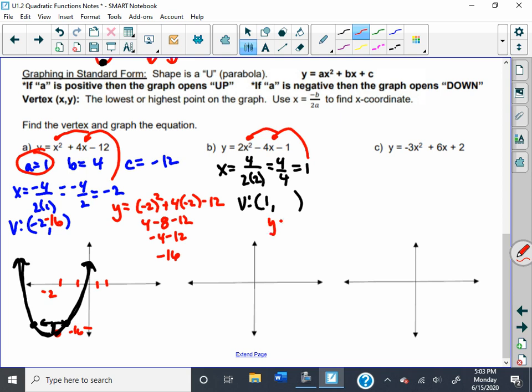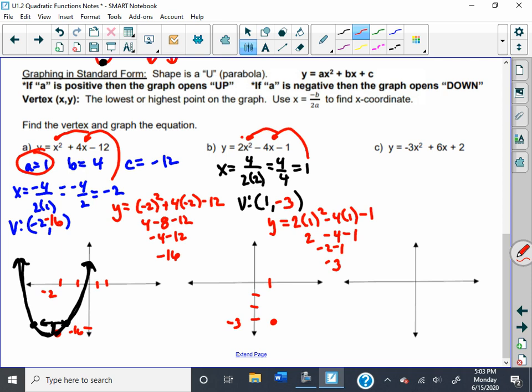So let me do it here. y equals 2 times 1 squared minus 4 times 1 minus 1. Order of operations, exponents first. 1 squared is 1, times 2 is 2, minus 4 minus 1. 2 minus 4 is negative 2, minus 1, and that's negative 3. So positive 1 and then negative 3. It's right there, so there's the vertex.